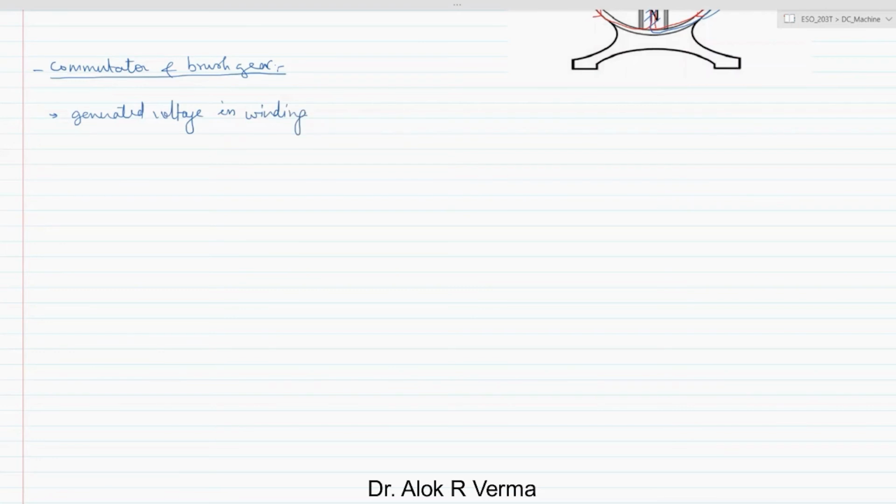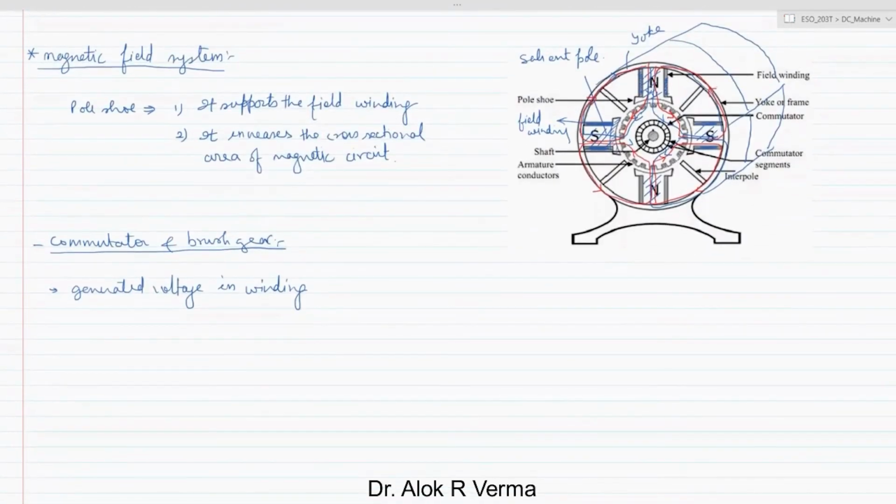Because one side the north pole will be approaching, and when the south comes, this voltage will go to the opposite polarity, and again when north comes, it goes to the opposite polarity. So the polarity changes when the conductor is approached by the north pole or by the south pole. The generated voltage in the winding will be AC.